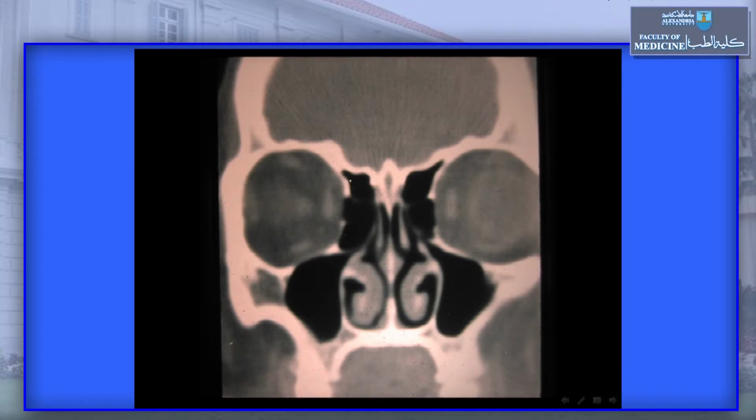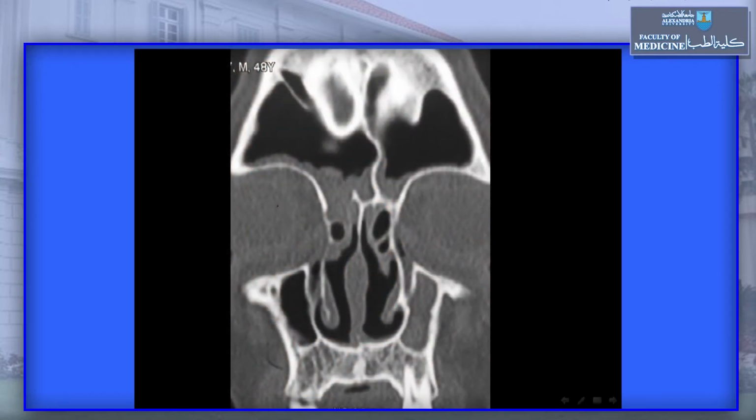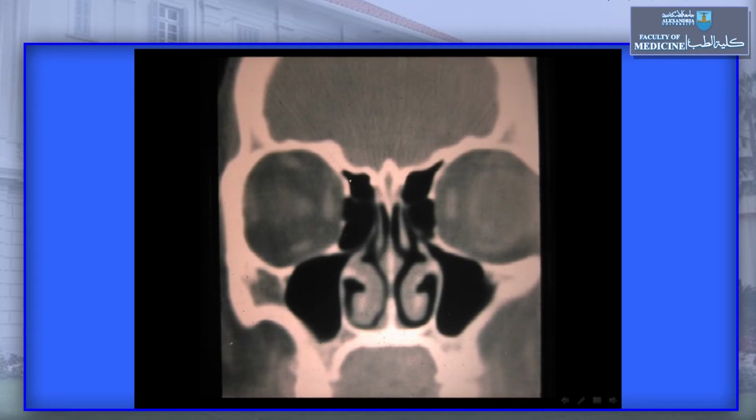What we can see on this CT scan is the maxillary sinus, the anterior ethmoids, and if we go more anterior, you will start to see the frontal sinus. The frontal sinus, together with the maxillary sinus and the anterior ethmoids, comprise the anterior group of the paranasal sinuses that drain collectively into the middle meatus.